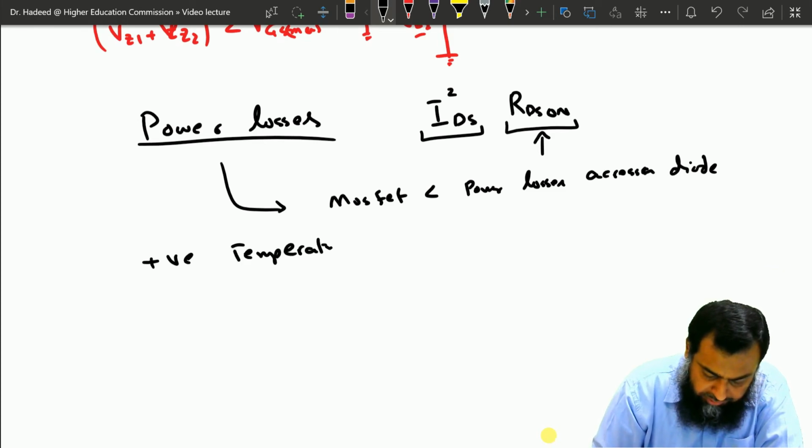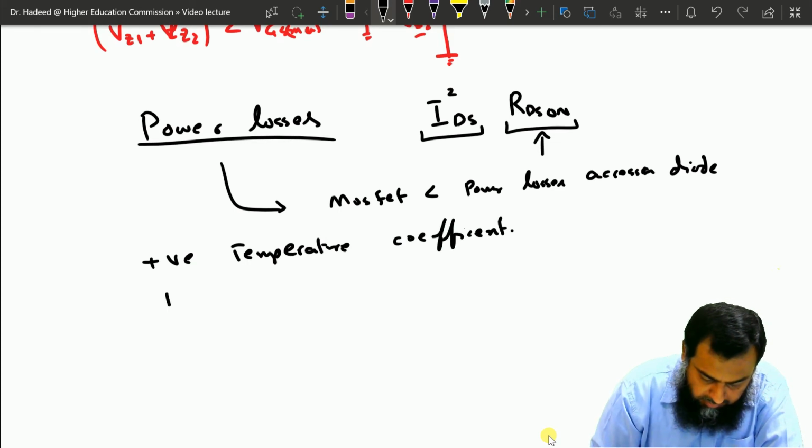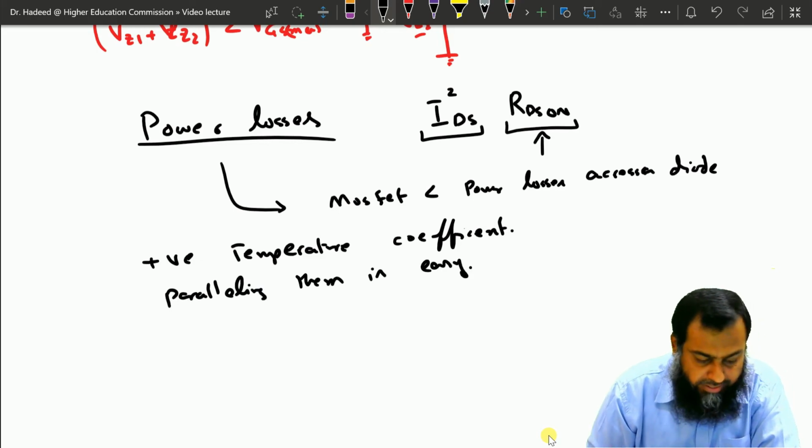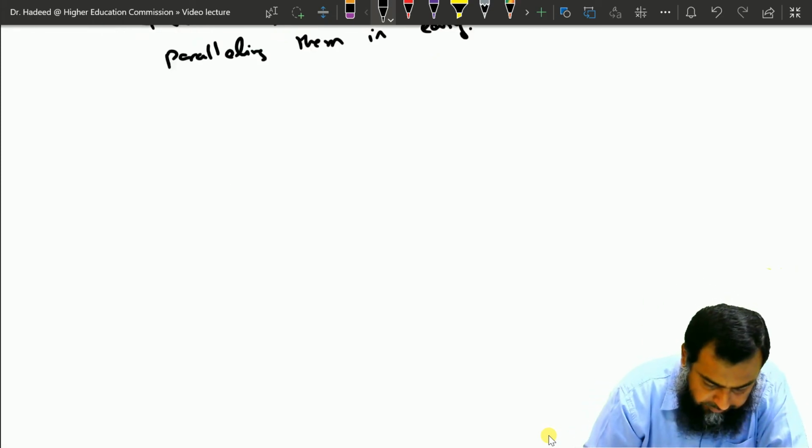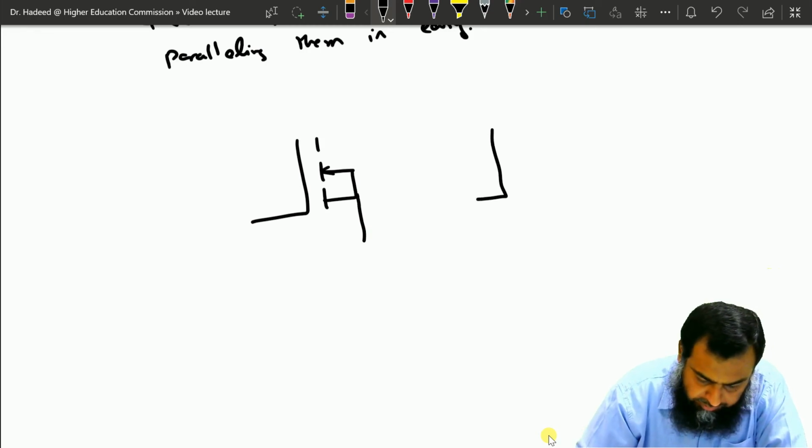Also, if you notice here, a MOSFET has a positive temperature coefficient, which means that paralleling the MOSFETs is quite easy. Suppose that I have these two MOSFETs which are connected in parallel.